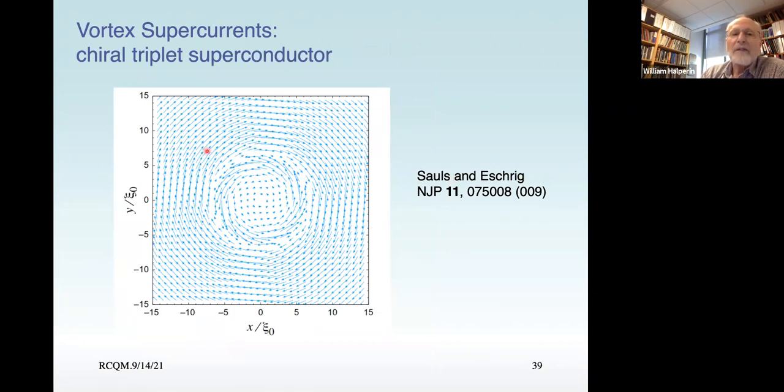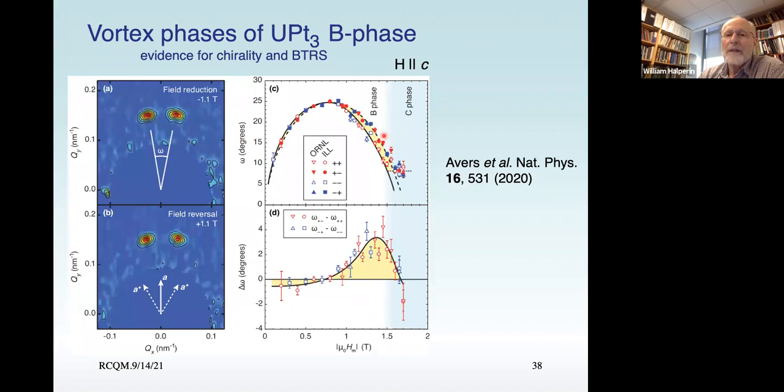So it's on the scale of this unusual structure of supercurrents which can be explored and gives rise to the manifestation of broken time reversal symmetry that we claim is manifest here.